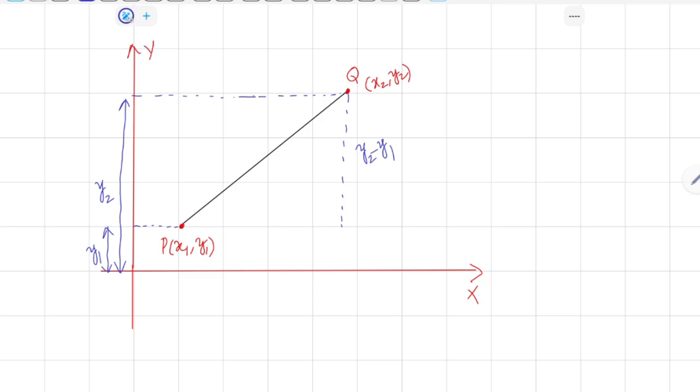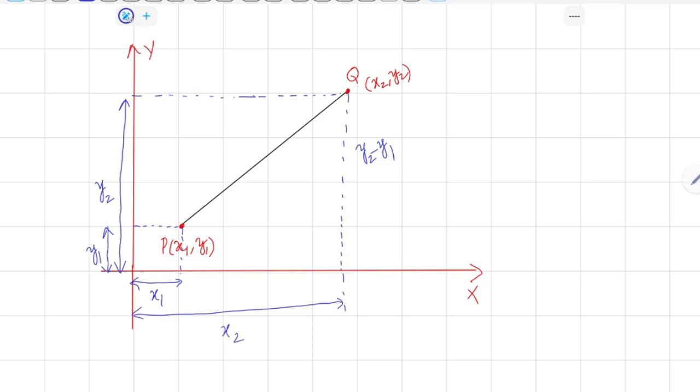Similarly, when you drop a perpendicular from points P and Q to the x-axis, you can observe that this perpendicular is the x distance. You can understand this as x1, and I'm just extending this towards the x-axis. So this distance will be x2.